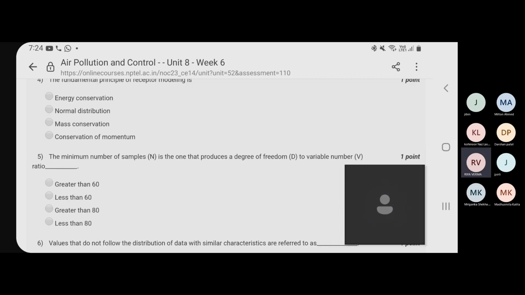Next question: the minimum number of samples n is the one that produces a degree of freedom d to variable v ratio. Yeah, I have read this. Just a second. This is your assignment for week 6, right? Yes, ma'am.